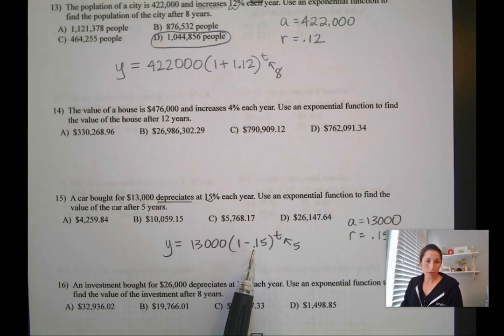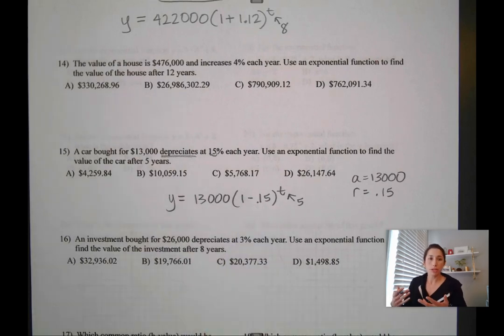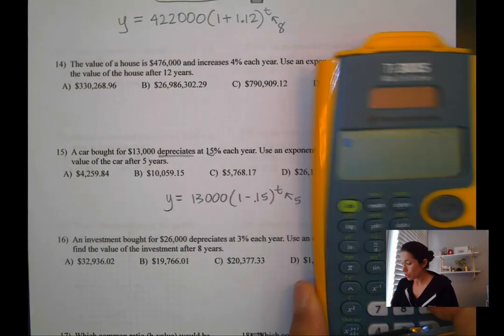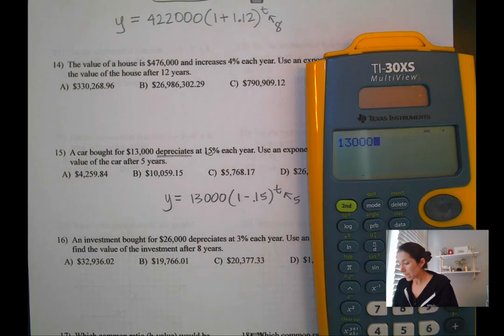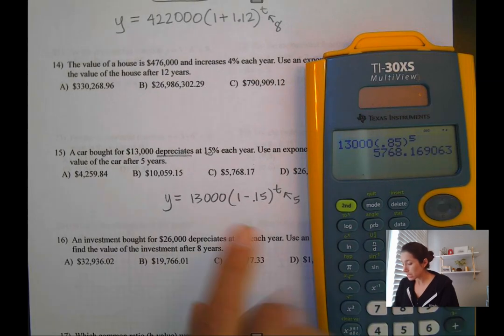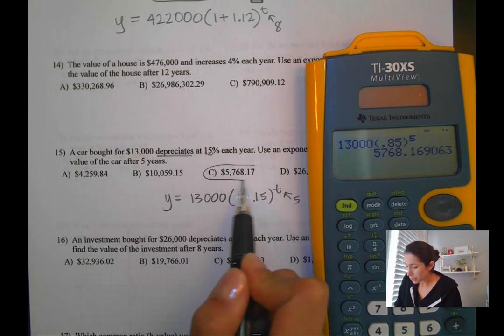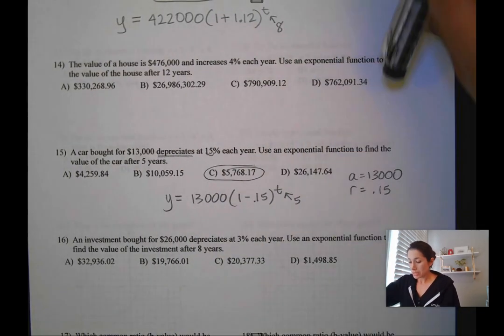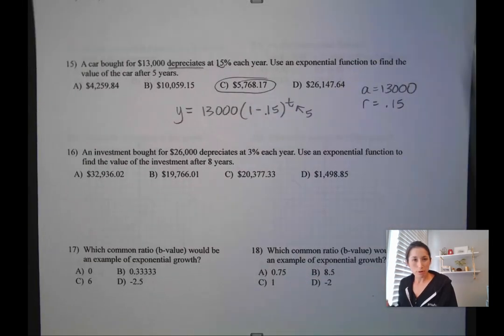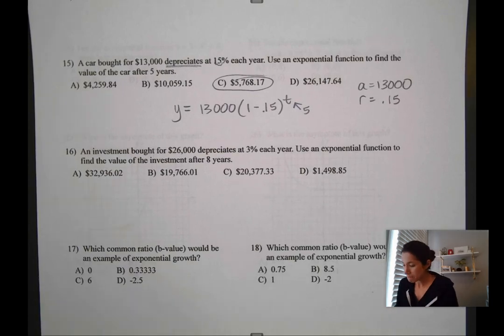Essentially, if we're losing 15% after a year, it would be worth 85% of what it's originally worth. So we can say 13,000 times 1 minus 0.15, that's fine, or you can put 0.85, and then we're going to raise that to the power of 5 because we're doing 5 years. So that's going to be here. And since we're in money, we're rounding to the nearest cent. 16, you're going to try on your own. And remember, 3% should be 0.03 as a decimal, right?